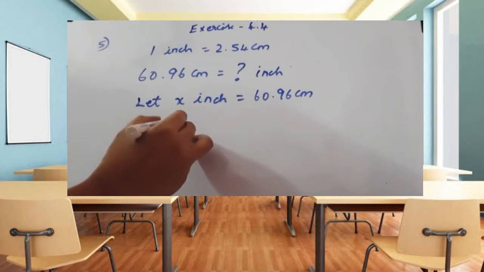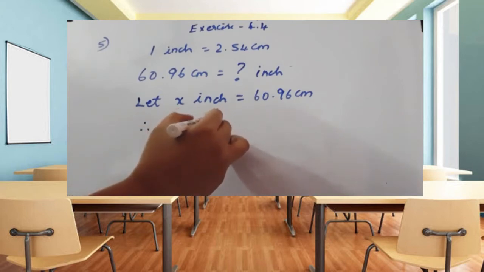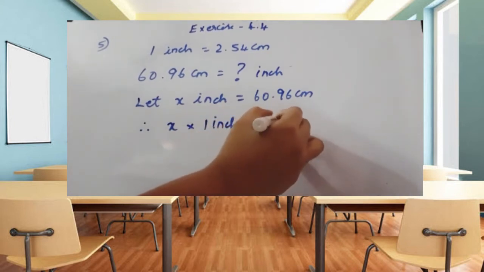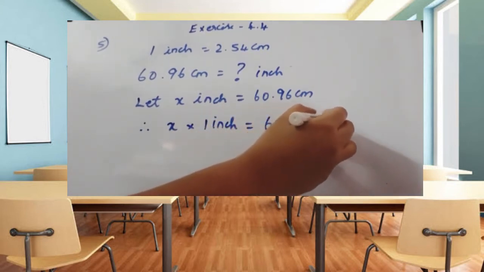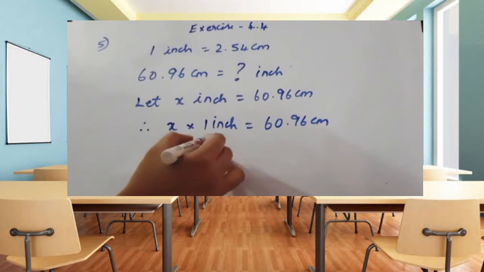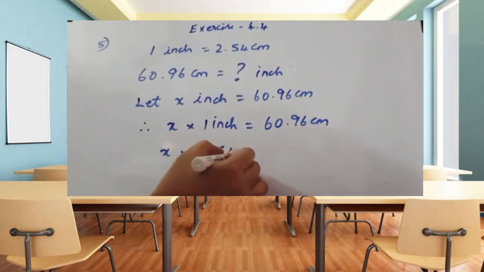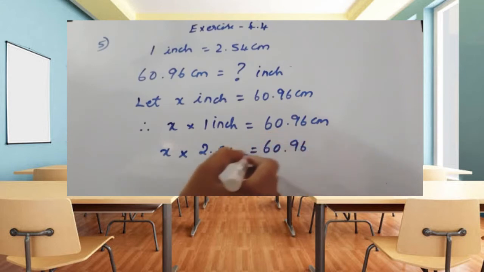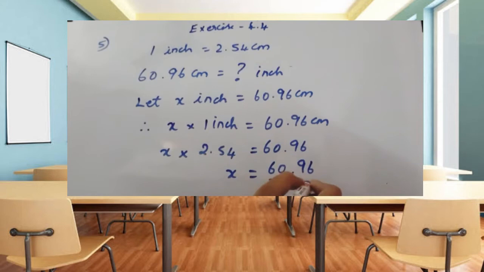Therefore x into 1 inch value, which is 2.54, is equal to 60.96 centimeter. So x is equal to 60.96 divided by 2.54.